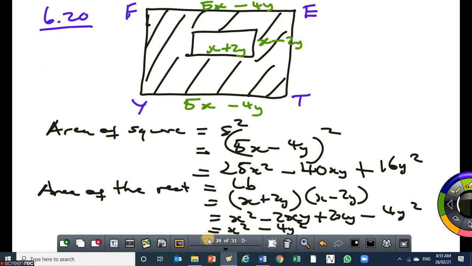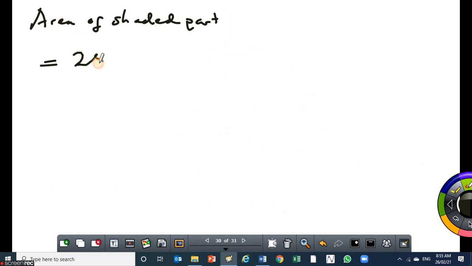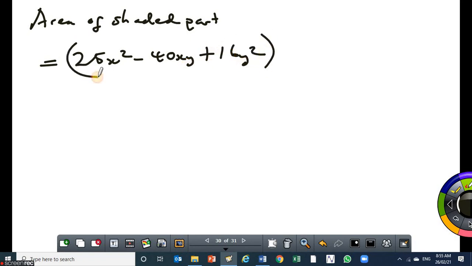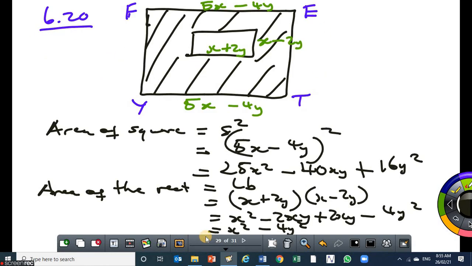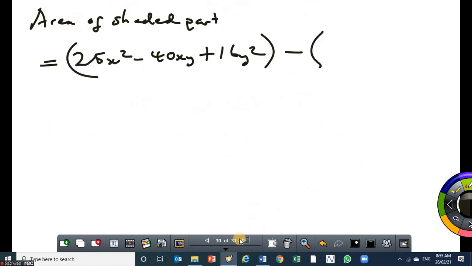We have our perfect square trinomial, that's 25x squared minus 40xy plus 16y squared. Then we subtract x squared minus 4y squared.